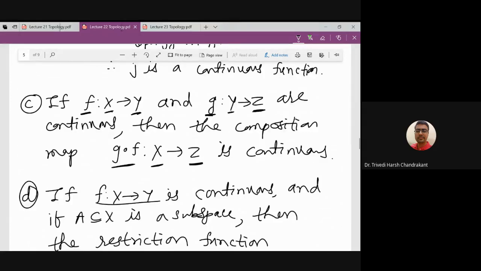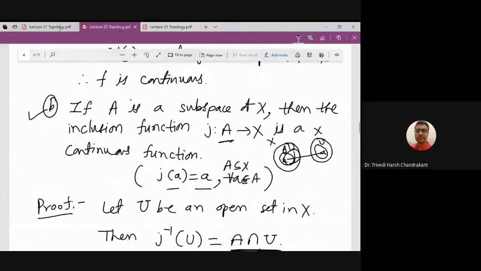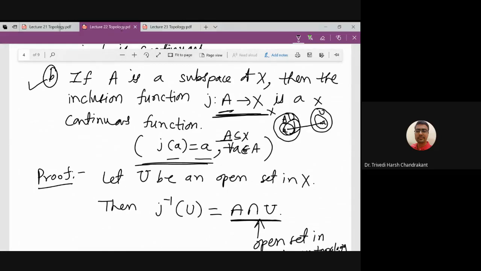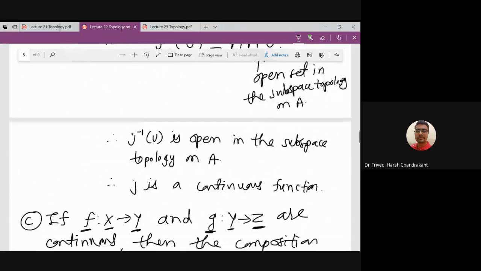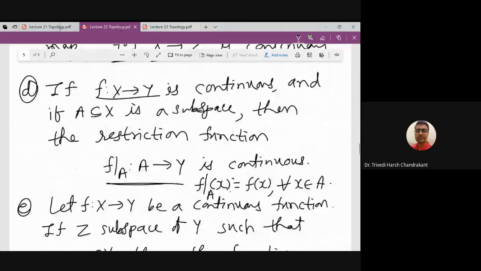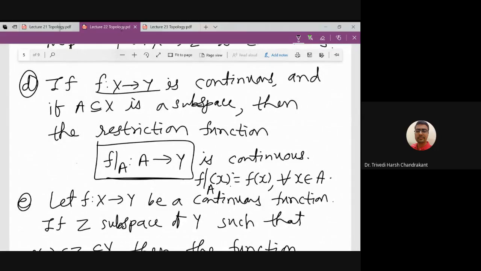So if you compare this with the inclusion function, how do we define the inclusion function? Whenever A is a subspace of X, we are defining the function by considering only elements of the set A. What I want to convey is that this function is a composition of the inclusion function and f.